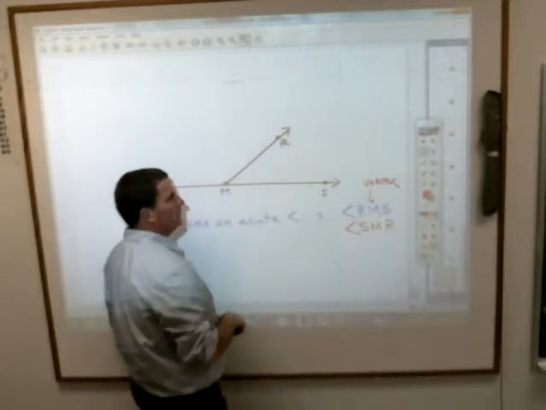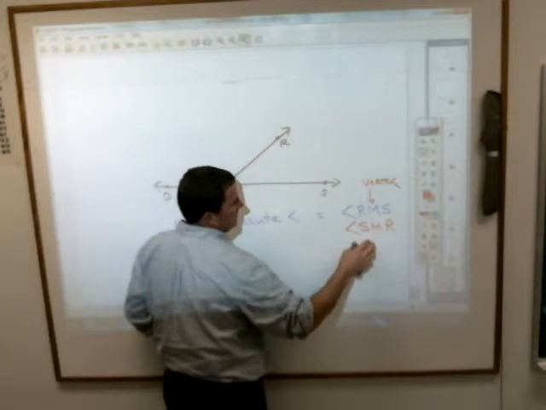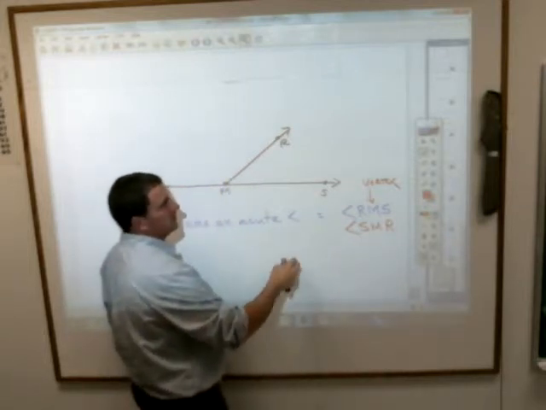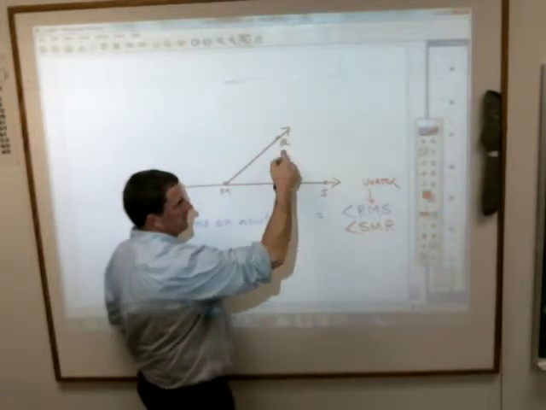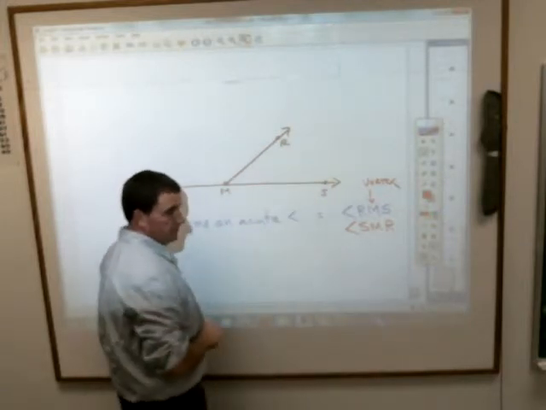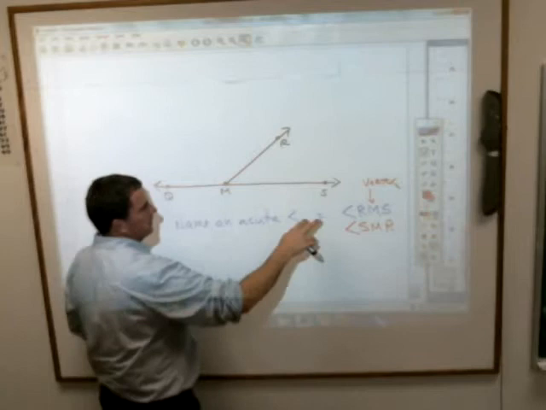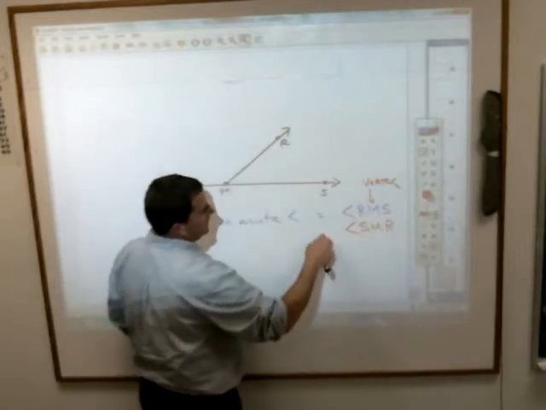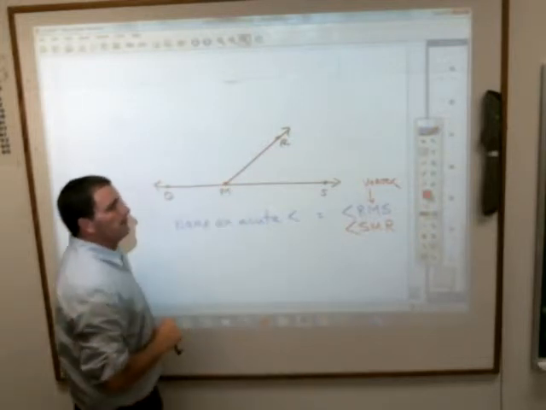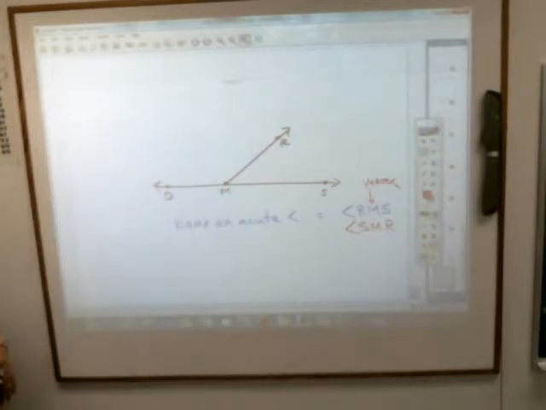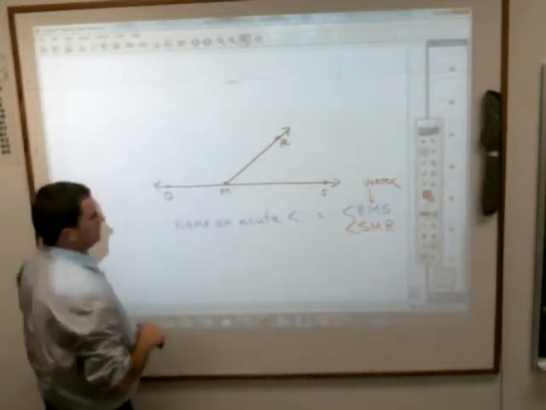I could not call this angle SRM, because if you're calling something SRM, you're talking about R being the vertex of that angle, and it would be this angle here, that's not even there. These two letters can be flip-flopped because SMR is the same as RMS, but the letter M must be in the middle. Vertex has to go in the middle.